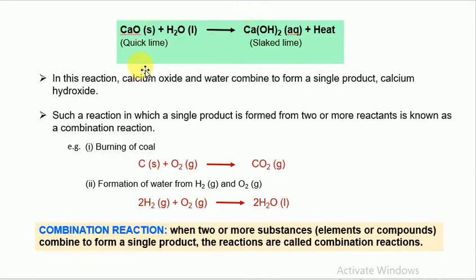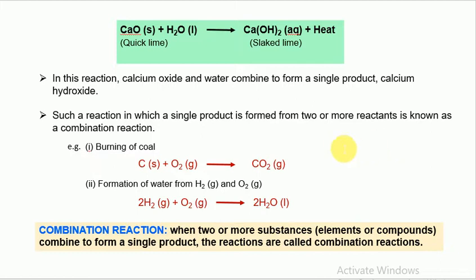So this is the chemical reaction. When water is added to calcium oxide, that is quicklime, it forms slaked lime, that is calcium hydroxide, and a large amount of heat is released. In this reaction you can see calcium oxide and water combine to form a single product, calcium hydroxide, and release heat. Such a reaction in which a single product is formed from two or more reactants is known as a combination reaction.